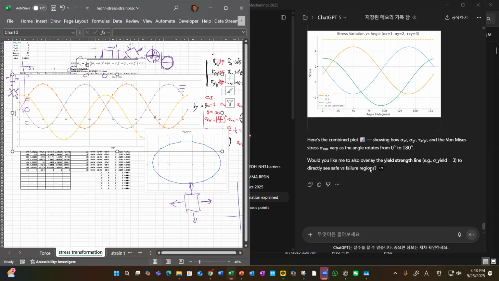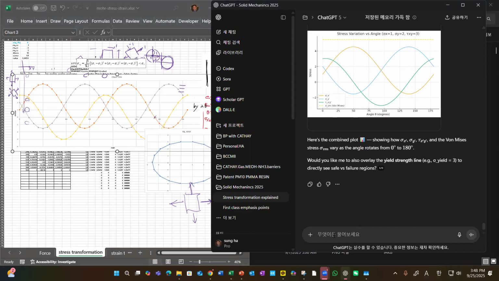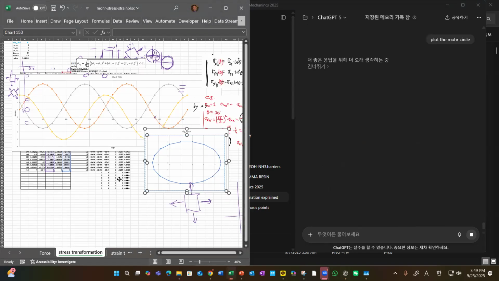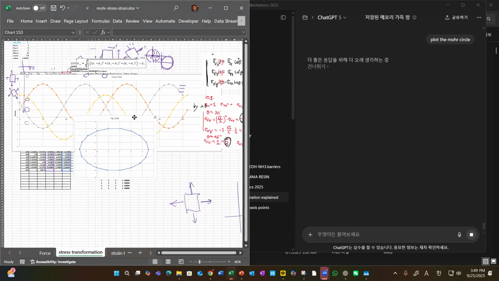So anyhow, as a last one, plot the Mohr circle, see what it shows. This is the Mohr circle we just had, right?